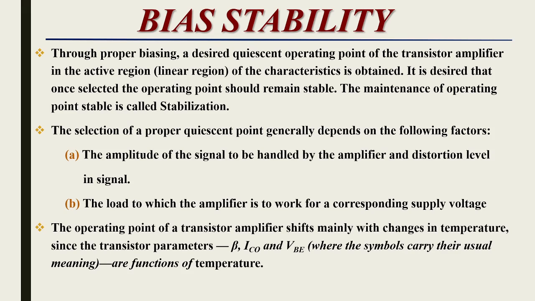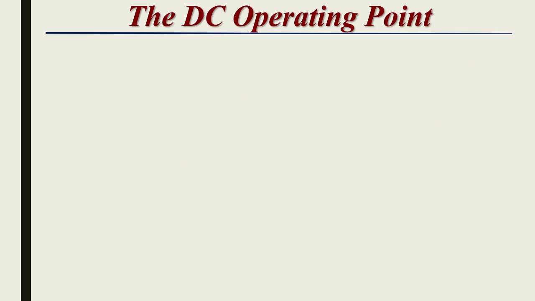The operating point of a transistor amplifier shifts mainly with changes in temperature, since the transistor parameters, beta, ICO, which is the leakage current, and the input voltage VBE, are functions of temperature. If there is a change in temperature, the values of these parameters may change, and this will affect the stability of the Q point. So the stability of the Q point is very important.